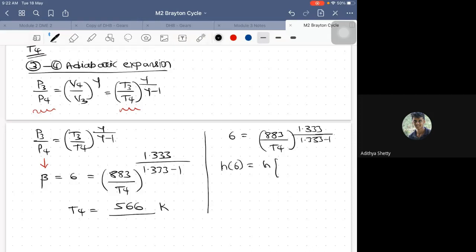When you apply ln to the whole thing, what happens to the power? ln of m to the power of n is what? n into ln m. Just solve that same thing. You would get it.